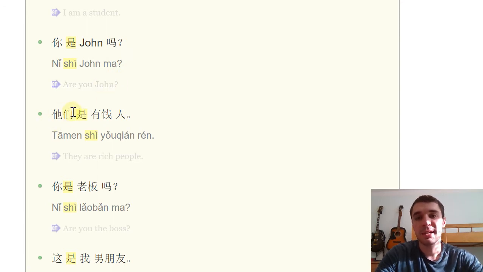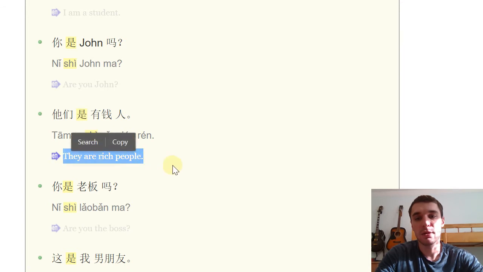Okay, 他们 they, 是 are, 有钱 is an adjective that means rich. So 有 to have, 钱 money, means rich. 有钱人 rich people. They are rich people.